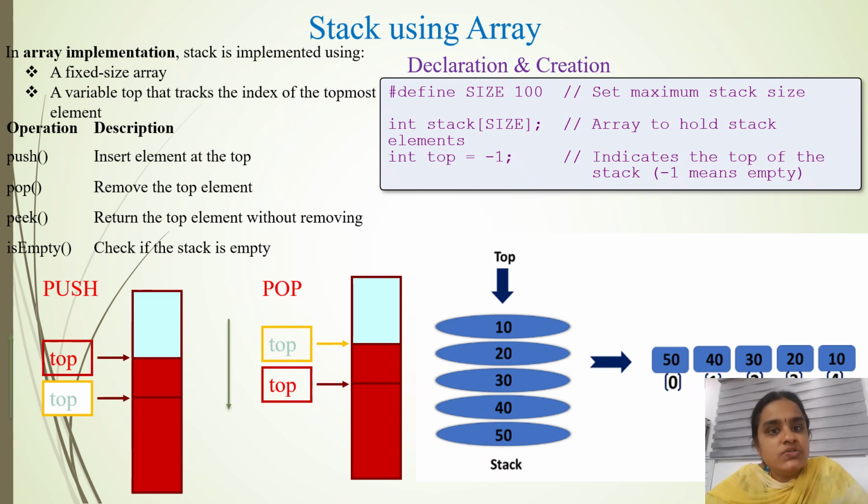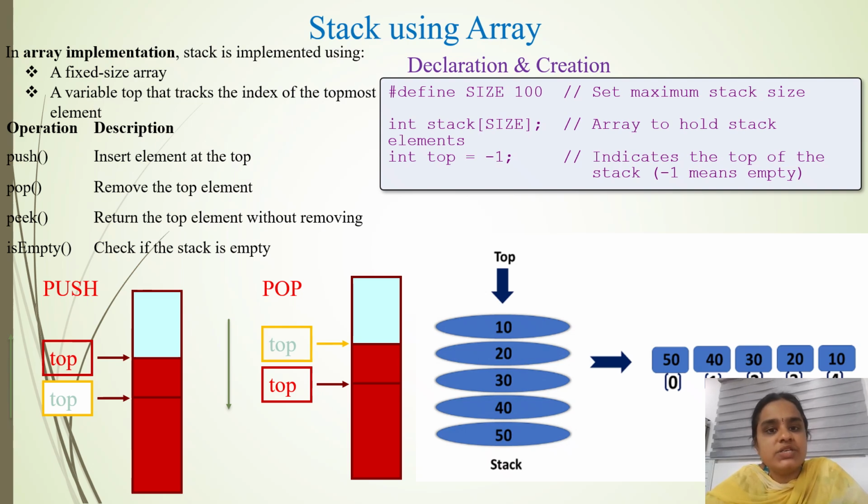We also have a variable called top. The top variable keeps track of the index of the topmost element of the stack. So the top variable is very useful, because we can point out the topmost element.